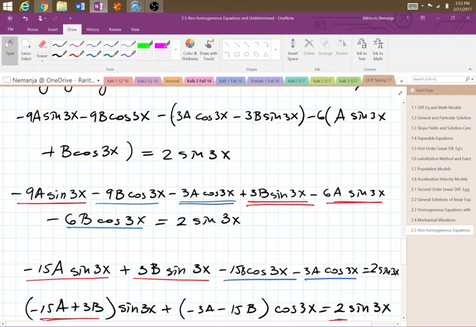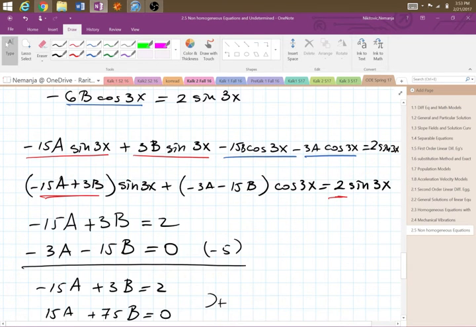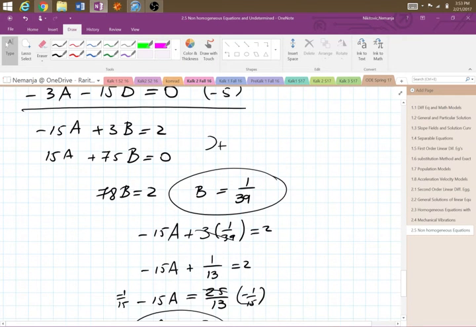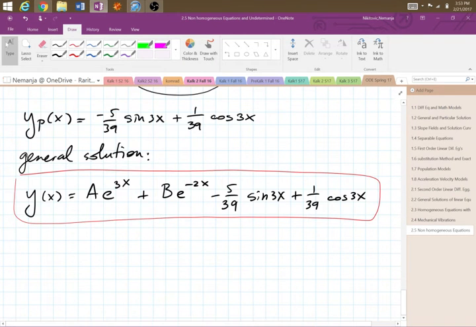Grind through algebra, and do the same thing you did for partial fraction decomposition when you equate the coefficients from both sides. One side will have a's and b's, the other one will have numbers. So you just get a system of equations, and then you solve the system any way you can. And don't forget to actually put the solution together, because the solution is the complementary part plus the particular part. The two together give you the overall solution of the differential equation.